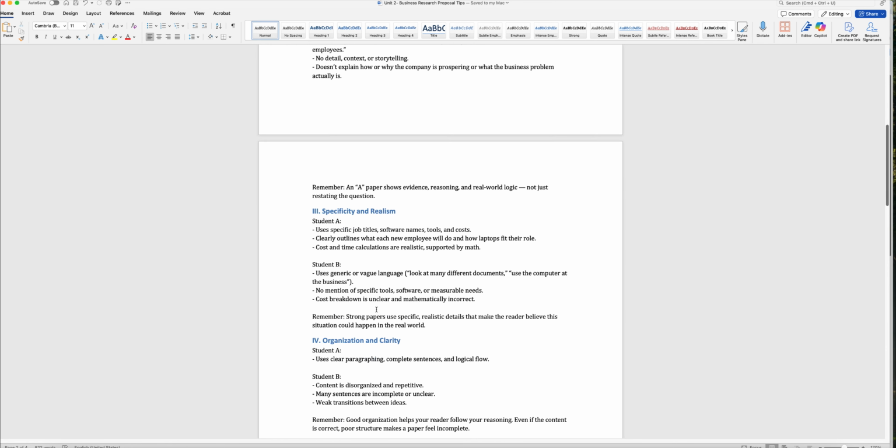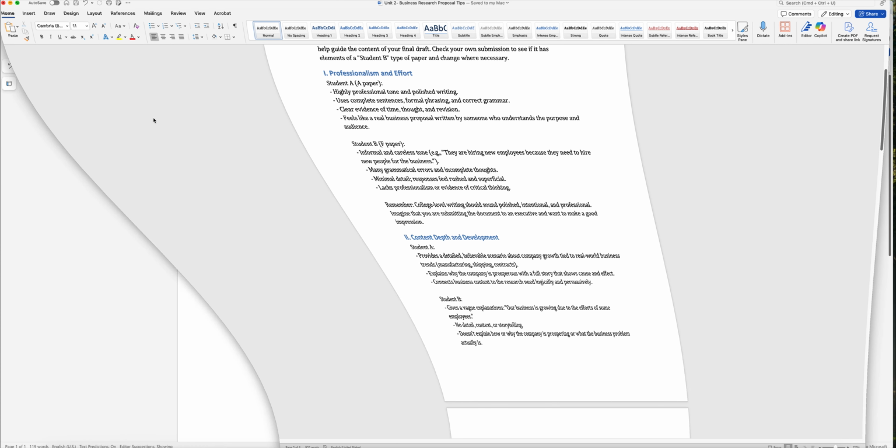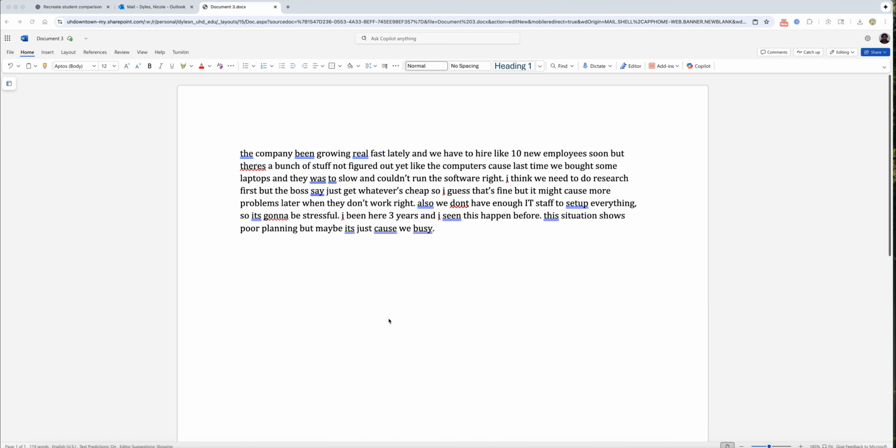The last part I wanted to show you was briefly how to use the editor function in Microsoft Word. I have opened Microsoft Word in the browser format because I know everyone will have access to this.